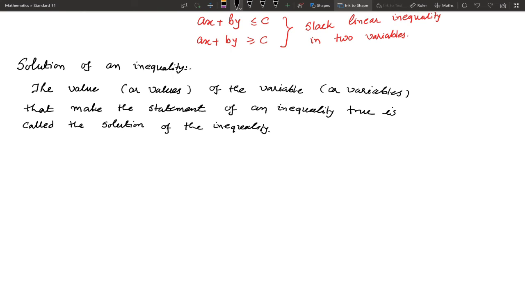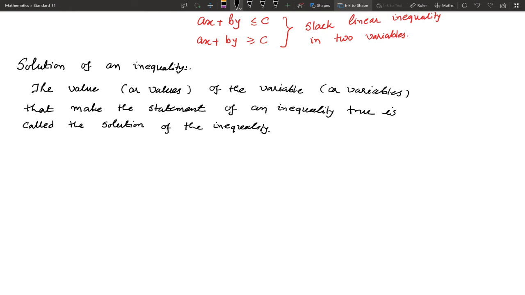The value or values of the variable or variables. There may be one variable or there may be more than one. So either variable or variables that make the statement of an inequality true is called the solution of the inequality.